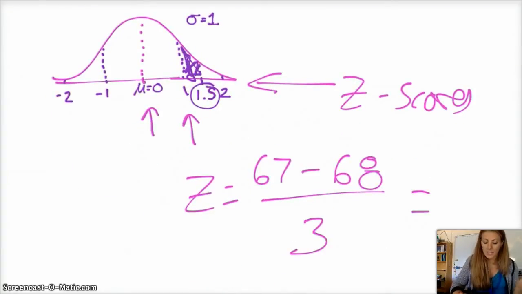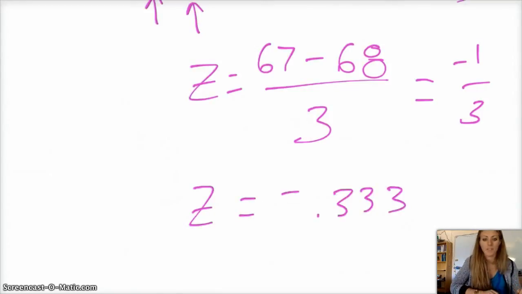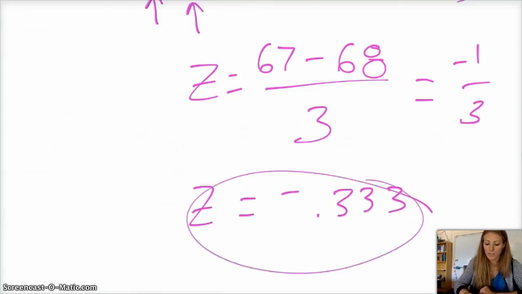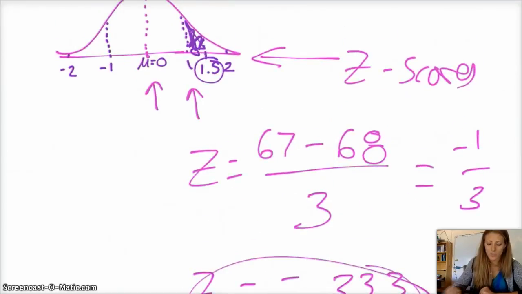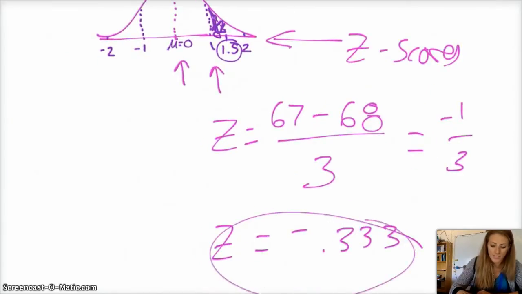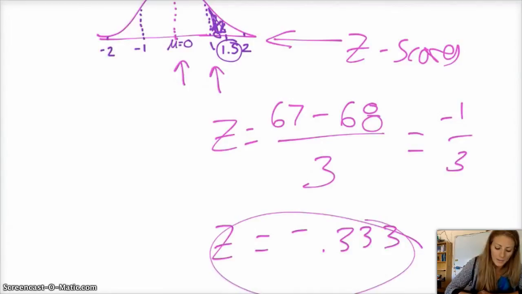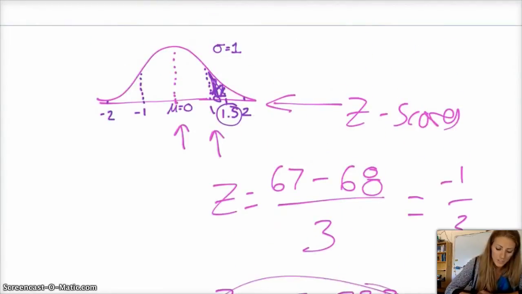And so I get negative 1 over 3. So my z-score for that particular value is negative 1/3, so negative 0.333. And so what I can do is go to the standard curve and find negative 0.333. So that's going to be about here-ish on the x-axis. So there's negative 0.3.